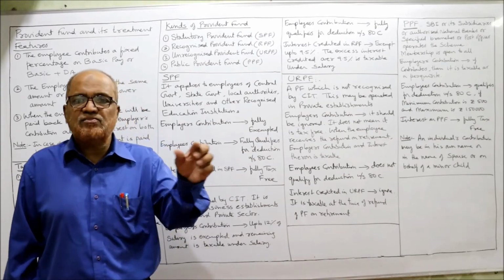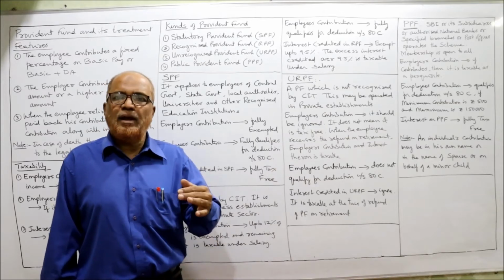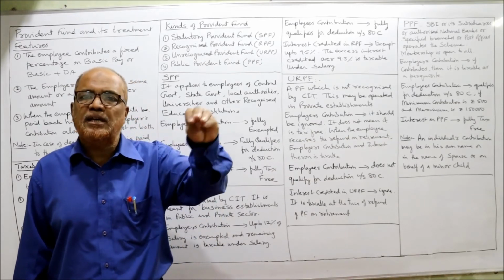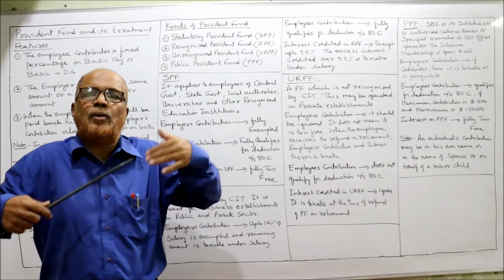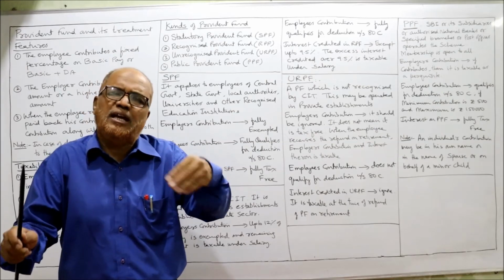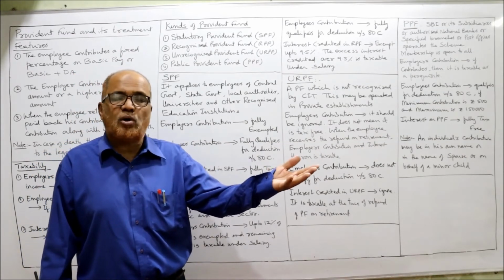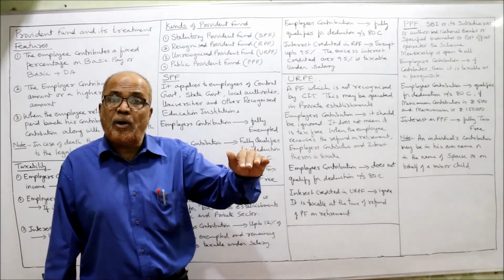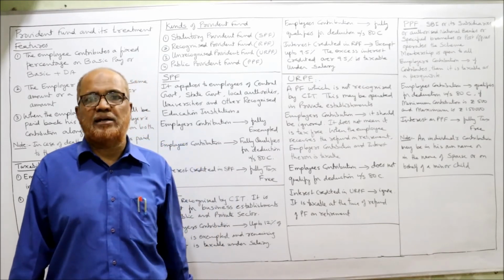Suppose Mr. X is working in a private company where URPF is applied. Every month the employer contributes 1000 rupees in his URPF. The Income Tax Act says whatever the employer contributes should not be considered. Ignore it. Ignoring does not mean that the employer's contribution to URPF is exempted. Not exempted. That amount, when refunded after retirement, will become taxable.